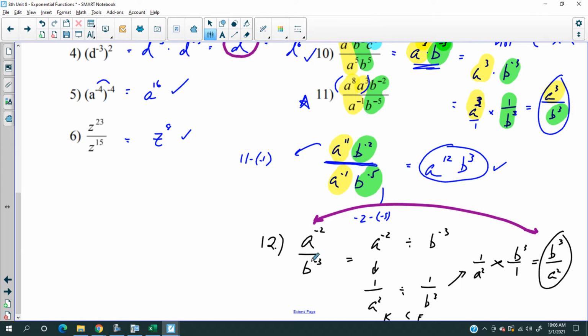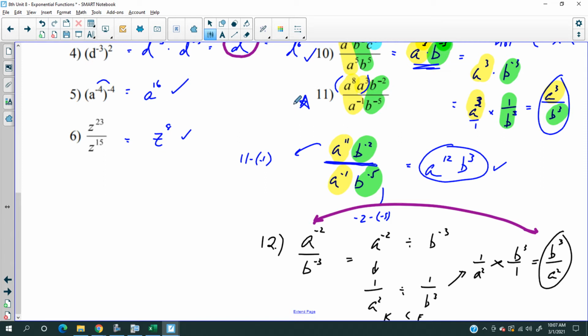It's like that 80s movie, Trading Places. That's all they did. They just traded places. A went to the bottom, the denominator, A squared, and B to the negative third power went up, and it became positive. So that's all you have to do. You don't have to go through all this just to do that.